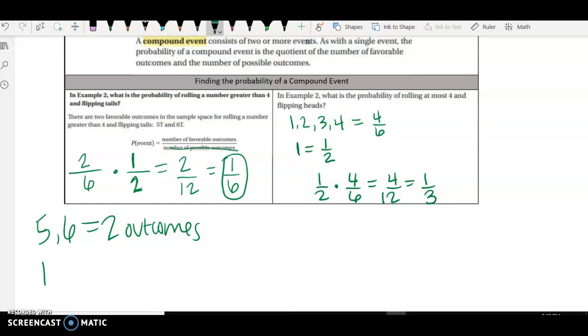And then there's 1 heads on a coin. There are 2 sides to a coin, so I put that as 1 over 2. Then I multiply those 2 events together, and I get 4 over 12, because we just multiply straight across. Then I simplified by dividing by 4 on top and bottom, and I got 1/3. So my answer to this one is 1/3.